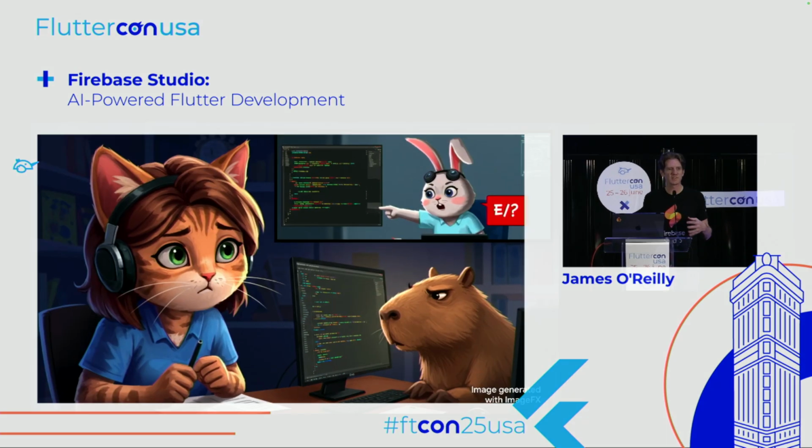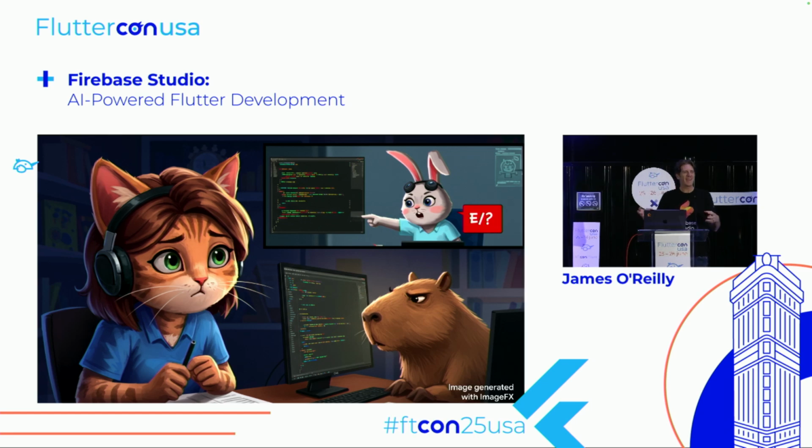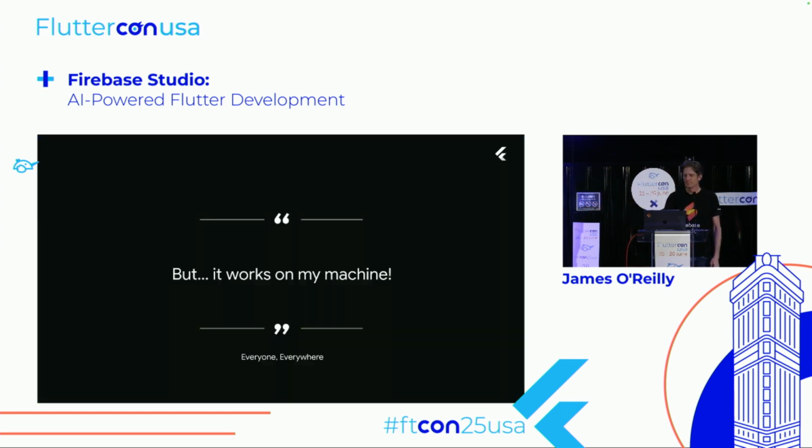And this leads us to the most infamous phrase in all of software development. It gets you in that defense. When QA files that bug, right? You know what I'm talking about. It's enough to even make this capybara lose his chill. It works on my machine, right?